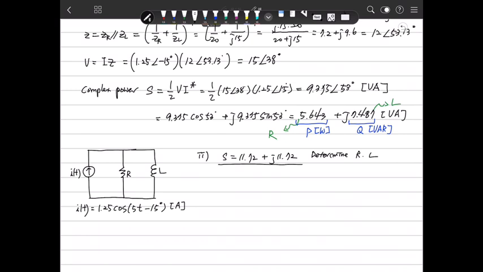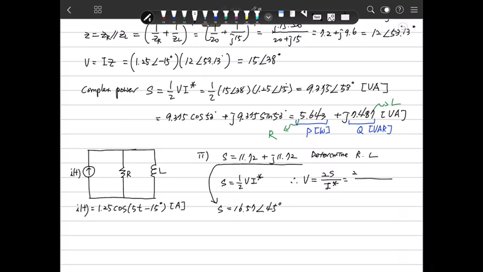So at first we need to know the voltage. The relationship between complex power S is half V I conjugate. Therefore, V is twice the complex power divided by the current conjugate. So we know S, and the polar form is 16.57 and the phase angle is 45 degrees.